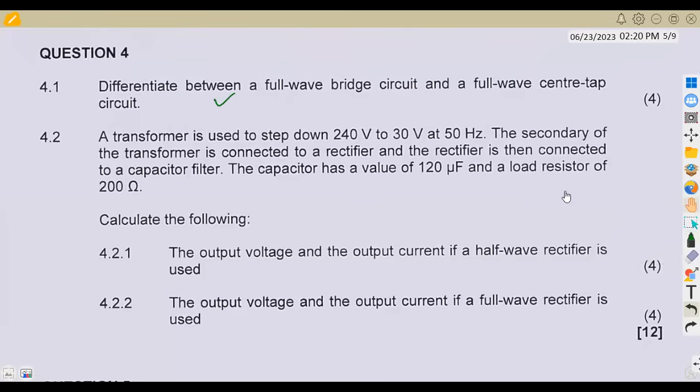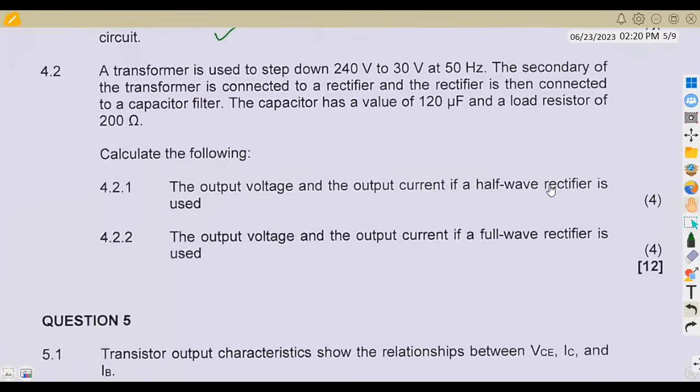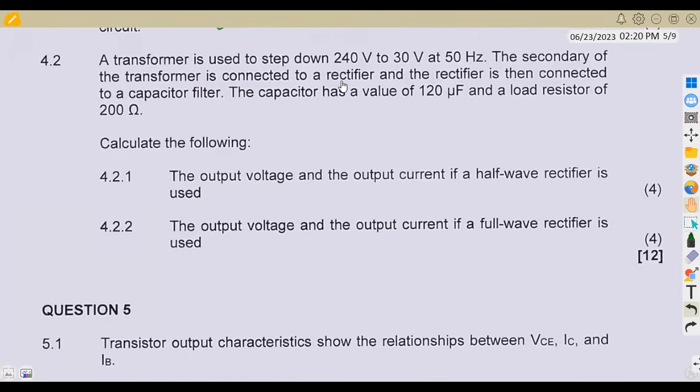All right, then 4.2, we are given a transformer that is used as a step down from 240 volts to 30 volts at a frequency of 50 hertz. The secondary of the transformer is connected to a rectifier, and the rectifier is then connected to a capacitor filter. The capacitor is a value of 120 microfarad and a load resistor of 200 ohms.